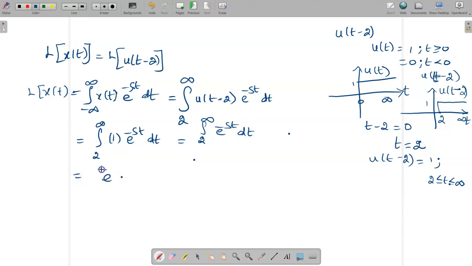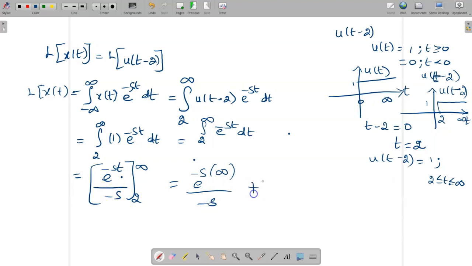Integrate this: e power minus st divided by minus s, and apply your limits. Apply your upper limit e power minus s, wherever you have t, replace it by infinity. For applying your lower limit, we need to introduce minus. So minus into minus will become plus e power minus s into 2 divided by s.